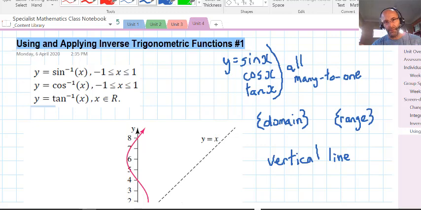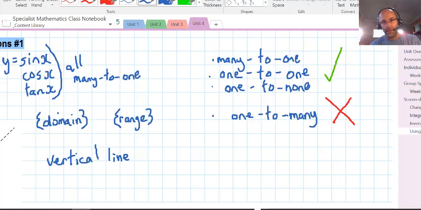It might be a relation, but it's not a function. And the reason why, if we look at mappings and the difference between a relation and more specifically a function, we cannot have things such that a certain member of the domain maps onto more than one element of the range.